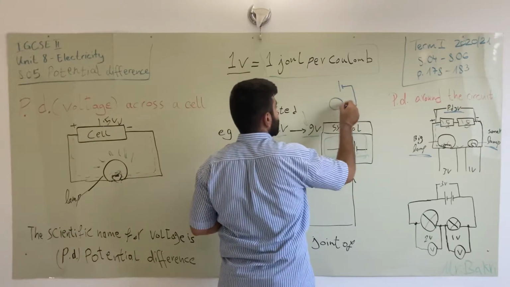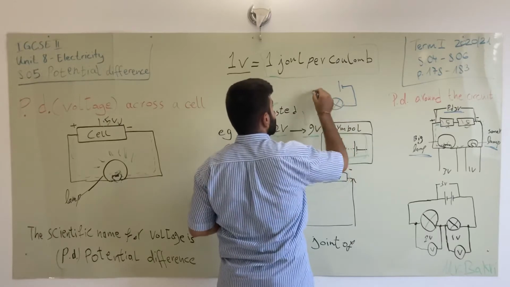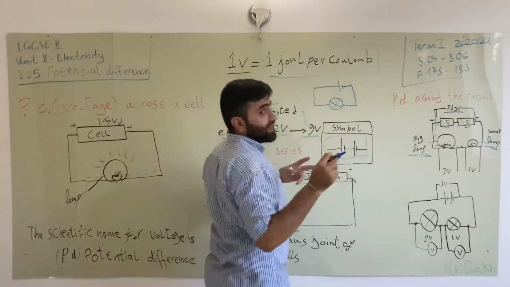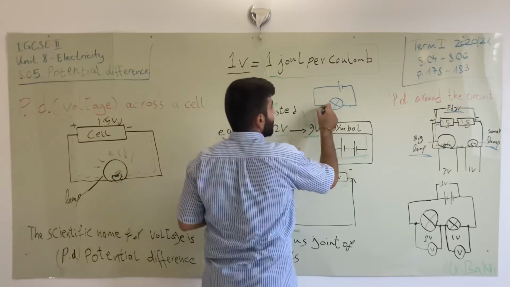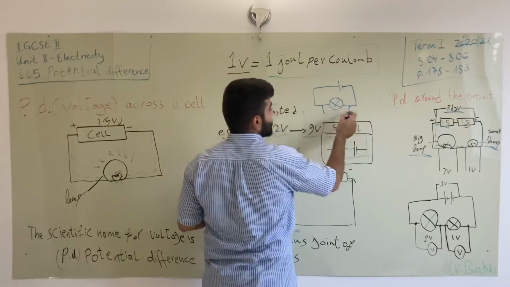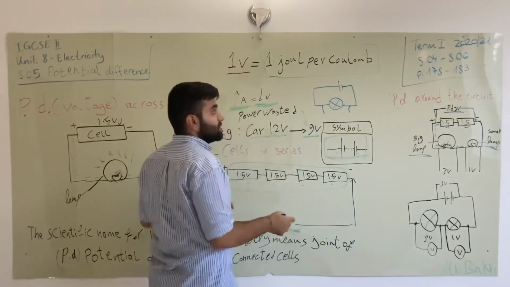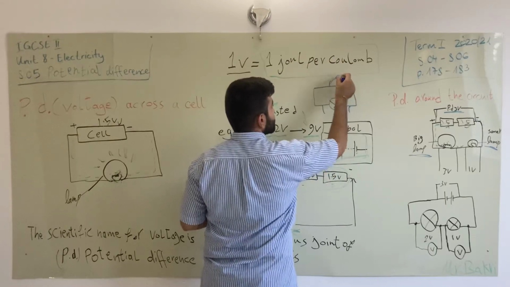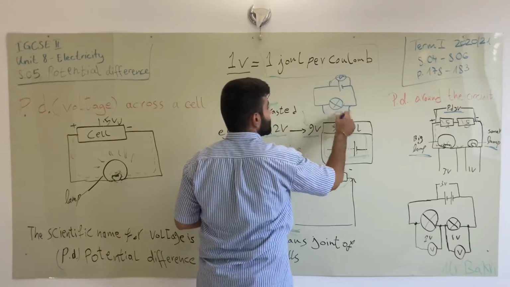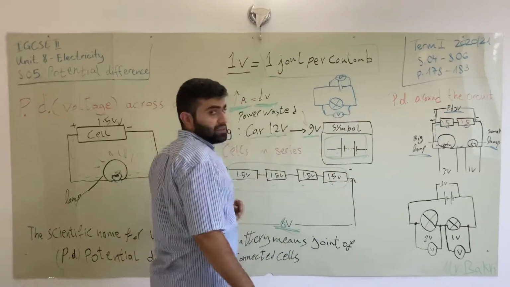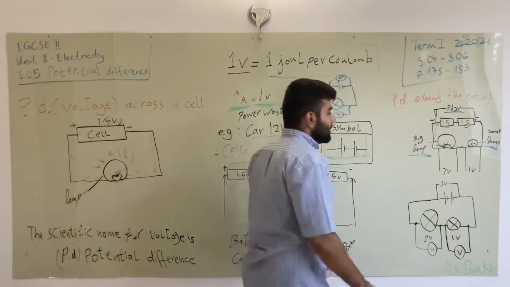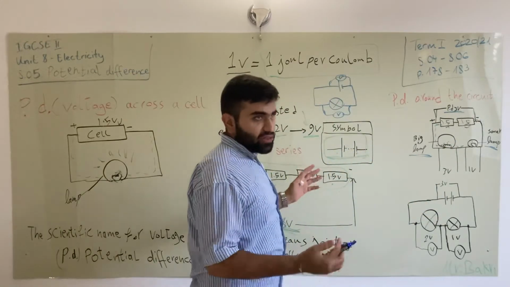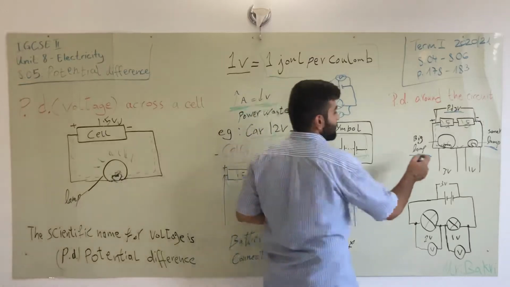I have here the lamp, and here the source. I have to put the two sides of the voltmeter on the sides of the load. And if I want to know the cell, I have to put them on the sides here. Here should be the voltmeter, and here should be the voltmeter. So we know the potential difference. Of course, the ammeter doesn't take energy, so it's like a connecting wire.